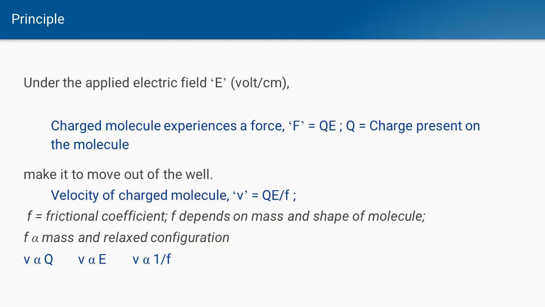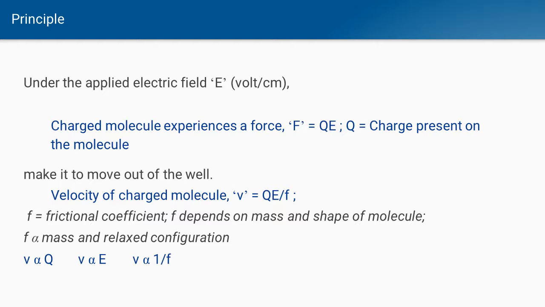The principle is the same: under the applied electric field, the voltage that we are applying, these biomolecules experience a force which is equivalent to the product of the charge that they are carrying and the electric field that we are applying. This force makes the molecules move out of the well and migrate with a certain velocity.